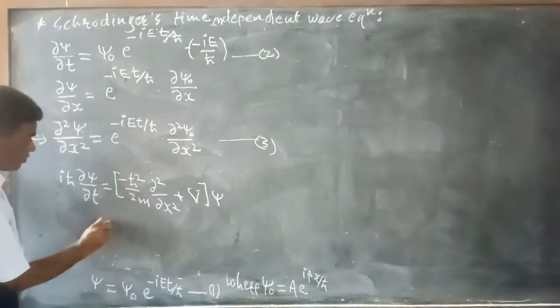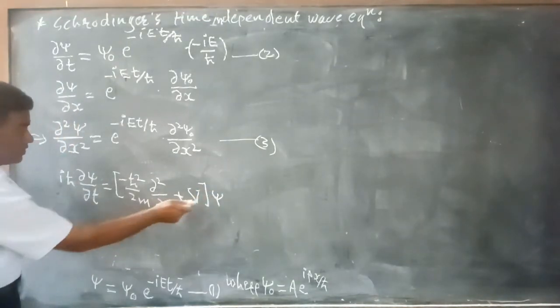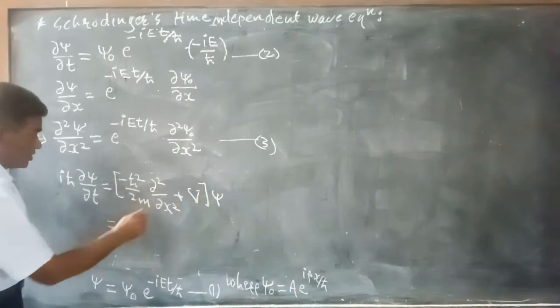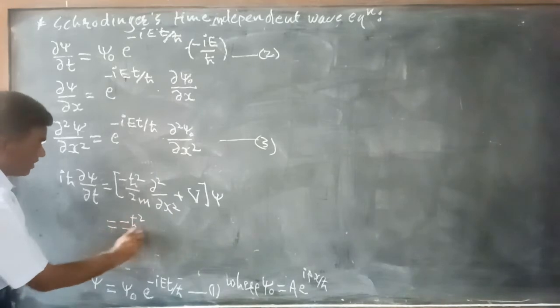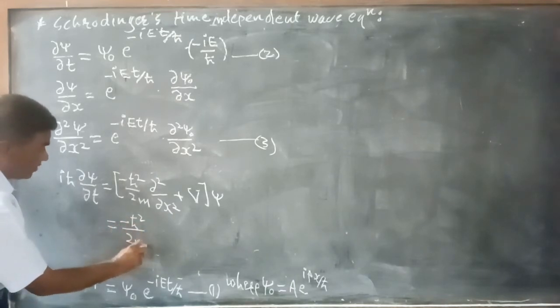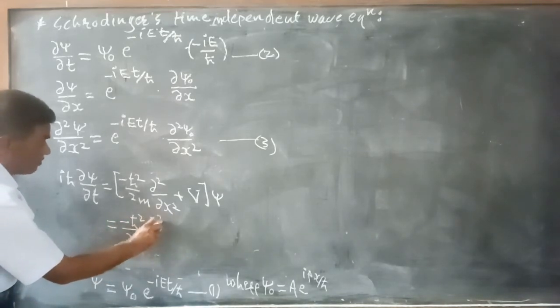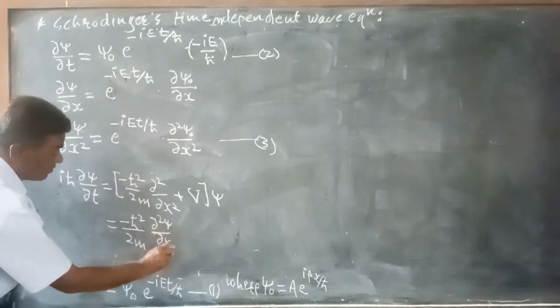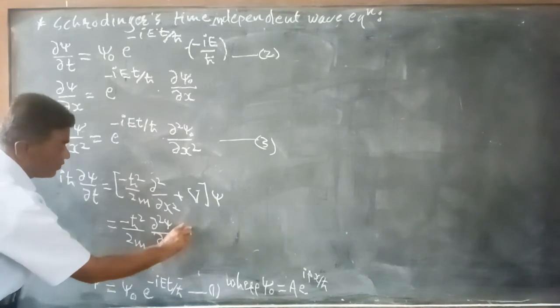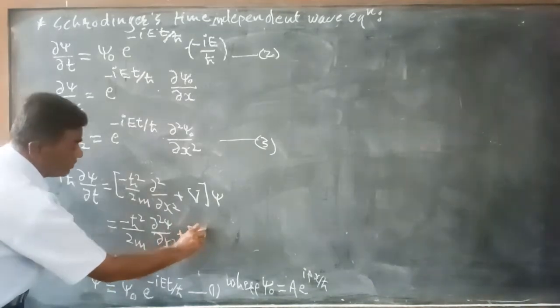So this will be equal to, psi we have to introduce in the bracket, minus h cut square divided by twice m, d square psi divided by dx square, plus V psi.